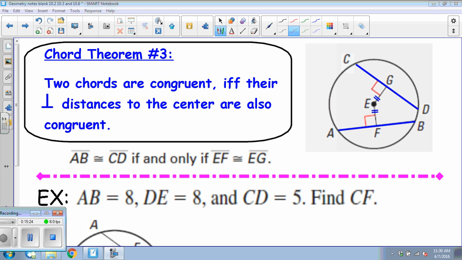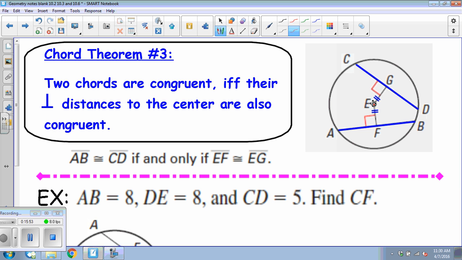I could measure over here or to the right, and those would be different measurements. But if I go straight at a 90-degree angle to what I'm measuring to, everyone would get the same answer. So when we measure distance with geometric figures, you want it perpendicular to the figure. That's why they say two chords are congruent if and only if their perpendicular distances are congruent.